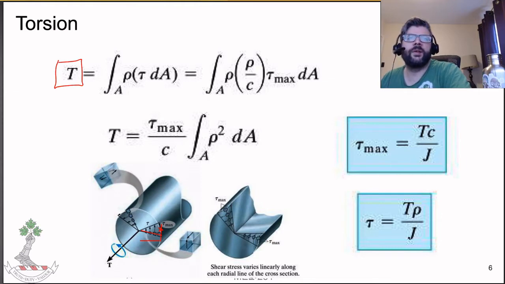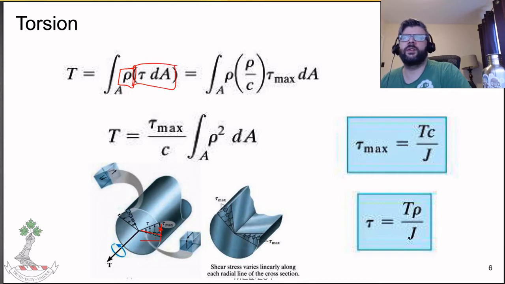We can figure out the total moment, aka the torque, by adding up all those little bits of force. The moment arm here is rho, the distance, and the force is just the shear stress times the size of that little cube we're looking at.